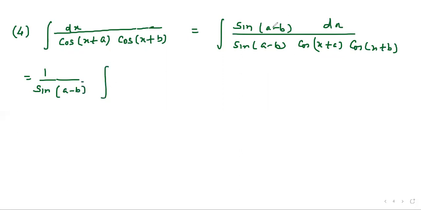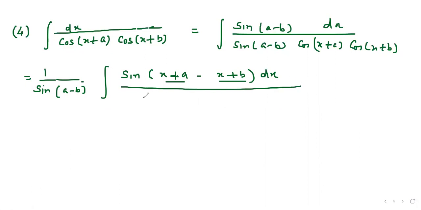And here we introduce x. So we write it sine of x plus a minus, in brackets, x plus b, dx. Net effect will be that x and x will cancel out and we will get a minus b, and that is why sine a minus b is there in the denominator, and this is cos x plus a cos x plus b.